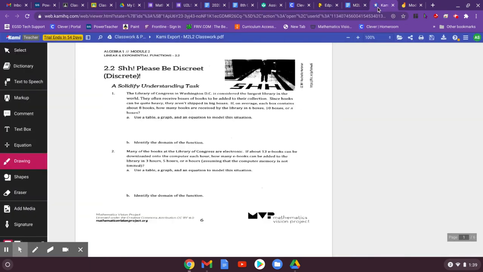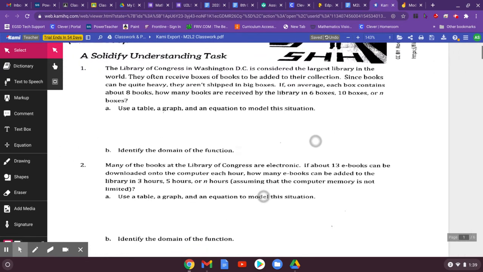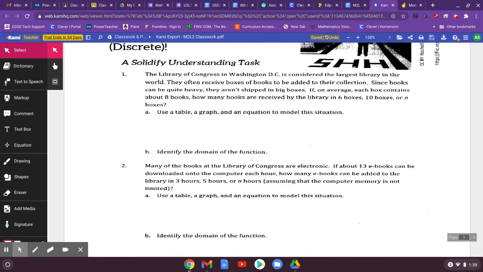So let's start with our first problem. The Library of Congress in Washington, D.C. is considered the largest library in the world.